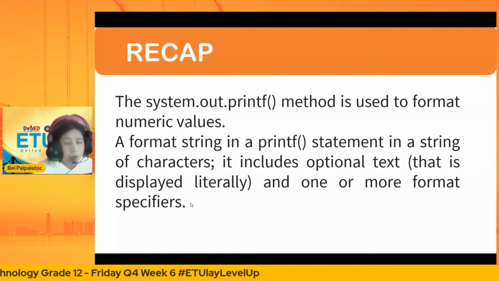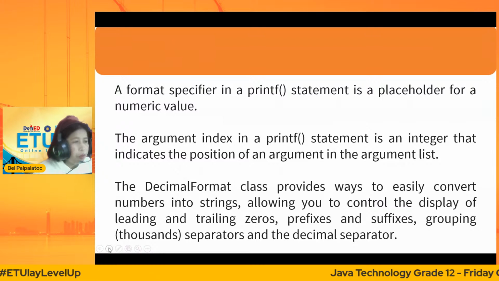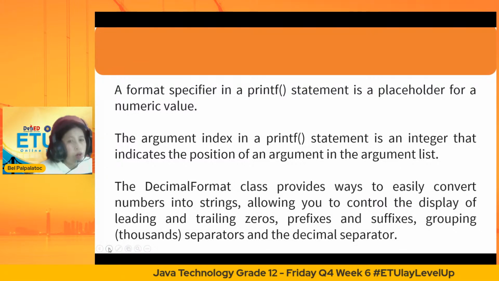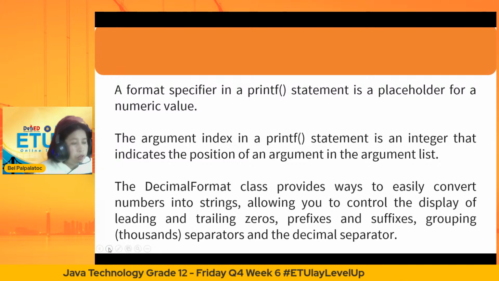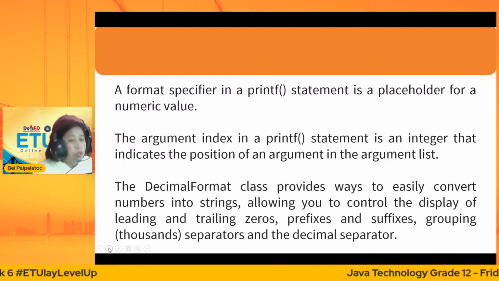So we want to specify comma. Okay, so a format specifier in a printf statement is actually a placeholder for a numeric value. So the argument index in that printf statement is actually an integer that indicates the position, no, of an argument in that argument list. No?